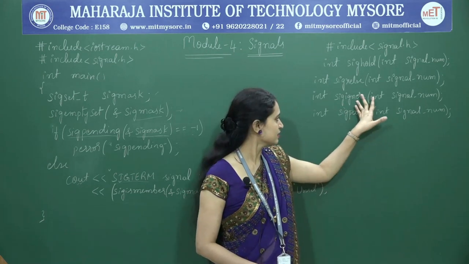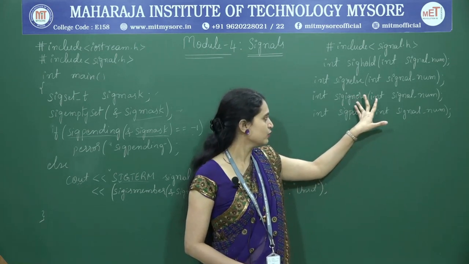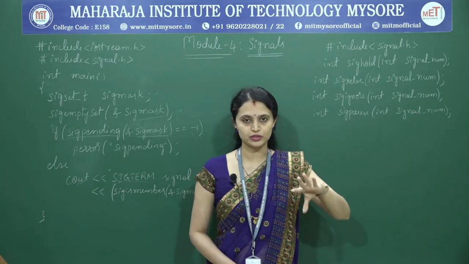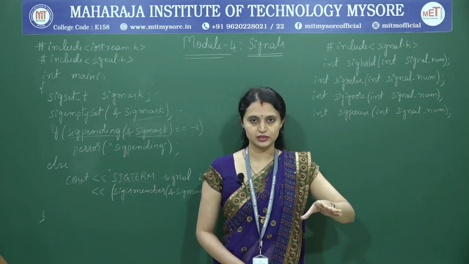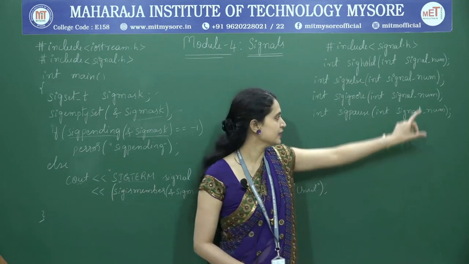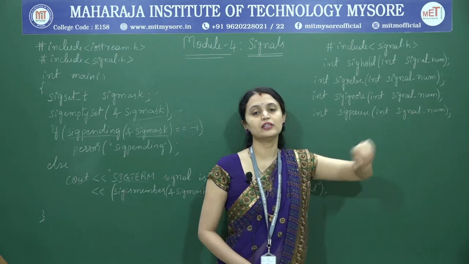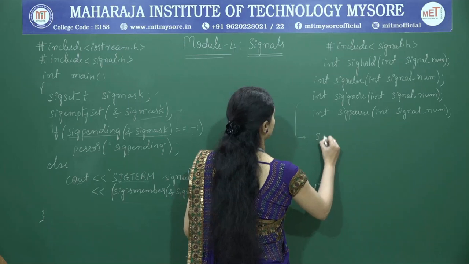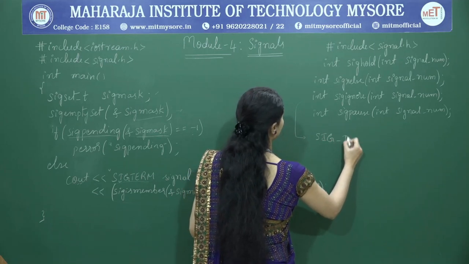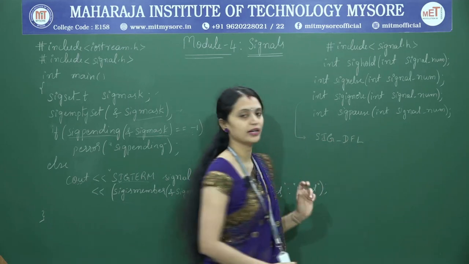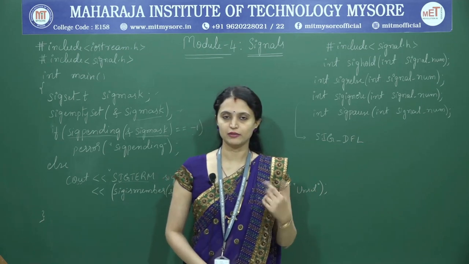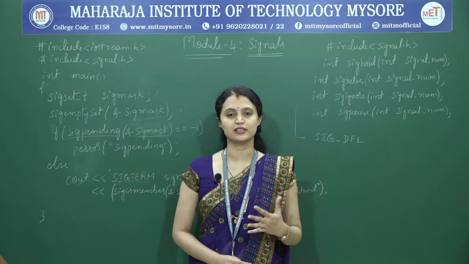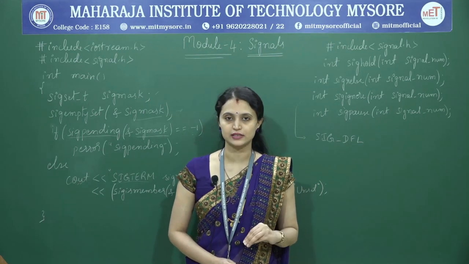So what this API will do is change the named signal that is identified by the signal num to the default action by using SIG_DFL. In the previous session I told you that SIG_DFL is nothing but the manifest constant that corresponds to the default action of the signal, okay.